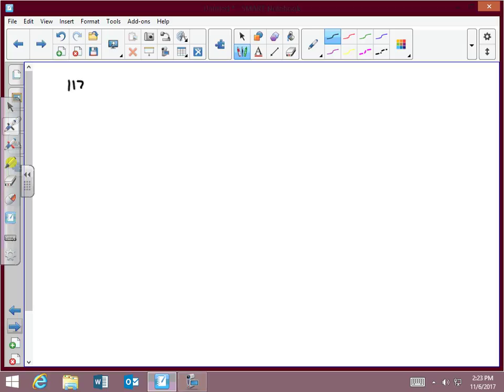Be 112. So it's 3 over y plus 6 minus 4 over y minus 3. Both of these denominators are prime factored, so the least common denominator is what?